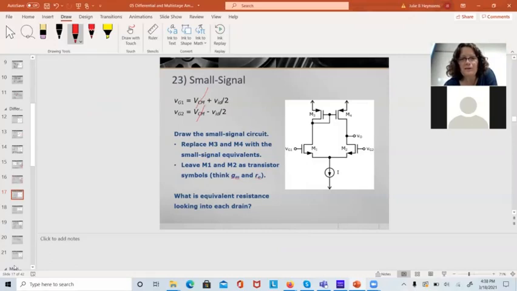My VG1 is VID over 2. My VG2 is negative VID over 2. Now this DC source becomes an open circuit.